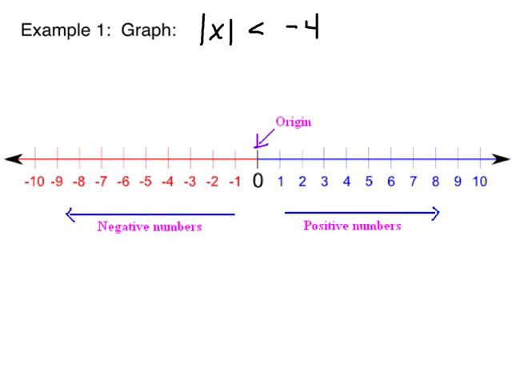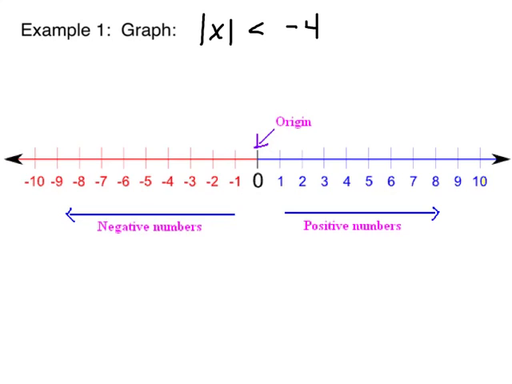Alright, this situation is going to be a little bit different. Here, we actually don't have a solution that we can graph because there are no real numbers that would satisfy this condition. The absolute value of x is less than negative 4.